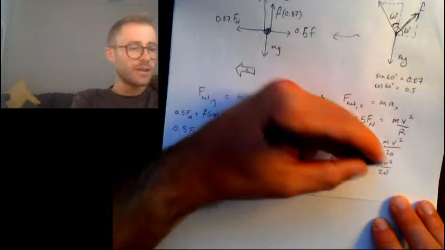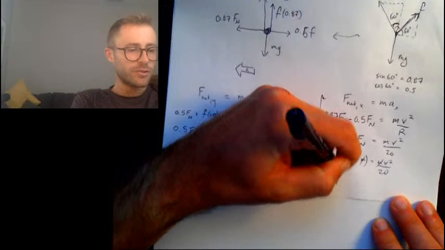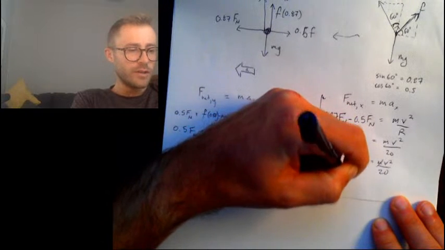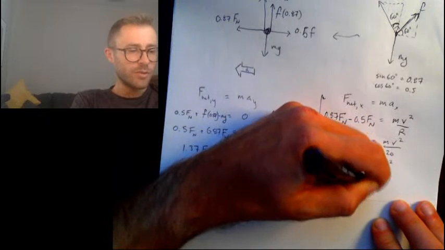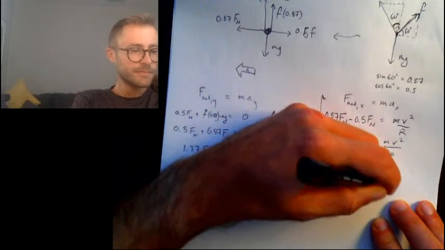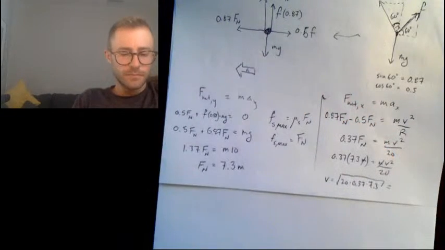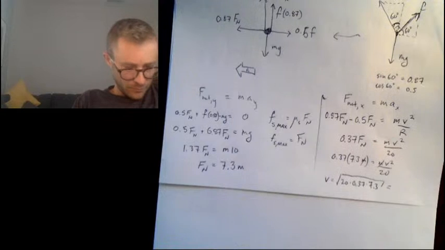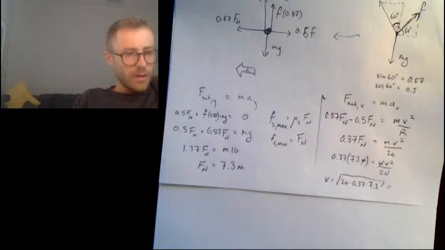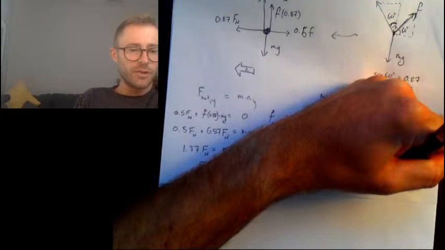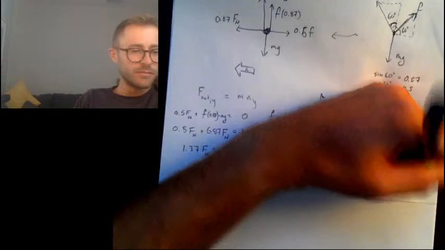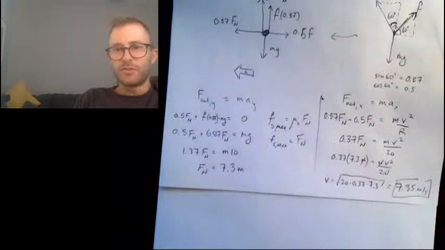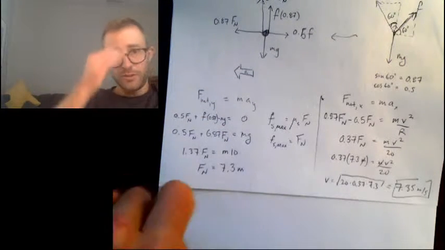What I get is that the speed is the square root of 20 times 0.37 times 7.3, and we get that it has to go at least 7.35 meters per second. If it goes less than that, it will slide into the center.